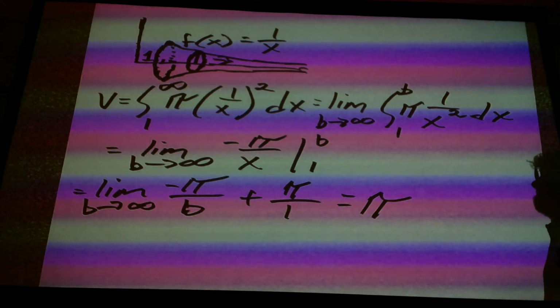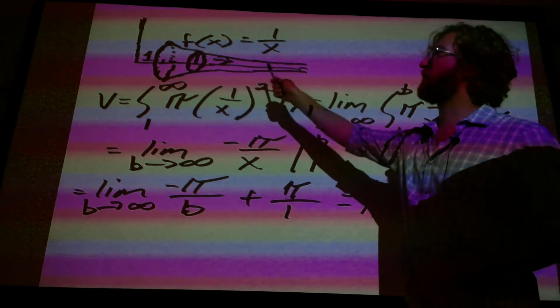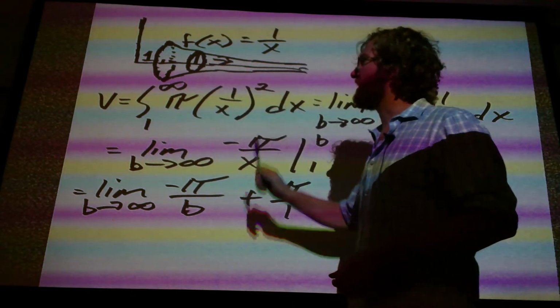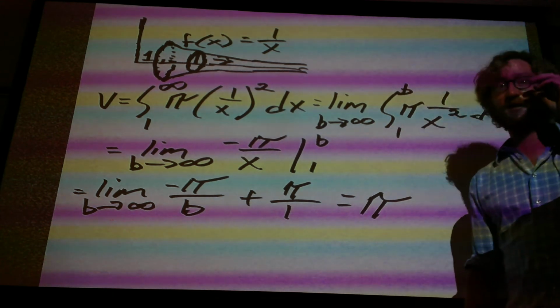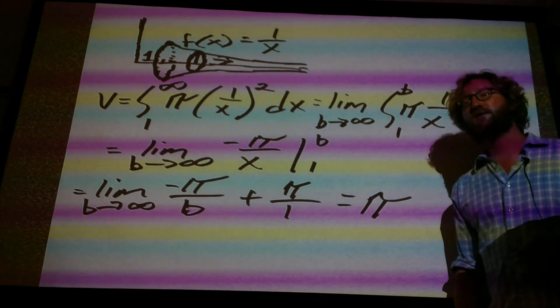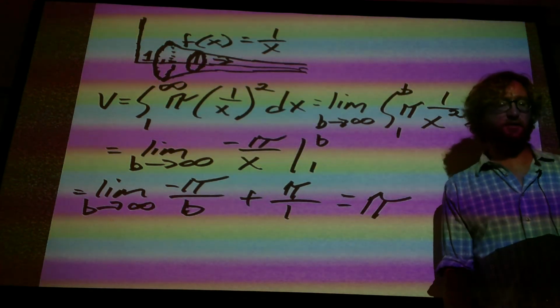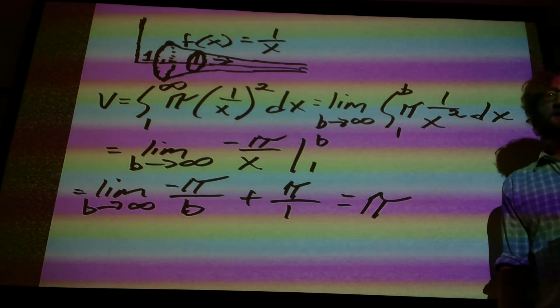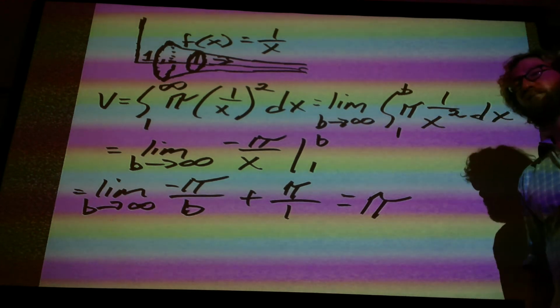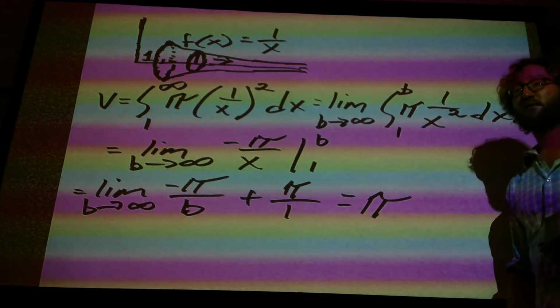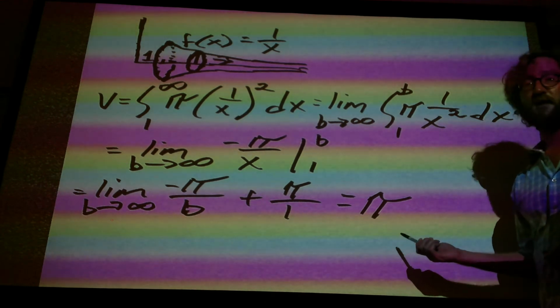But even just calculating the area of a little wall inside of here, it will end up being infinite. So if you calculate the surface area of Gabriel's horn, it's infinity. But if you calculate the volume of Gabriel's horn, it's pi.